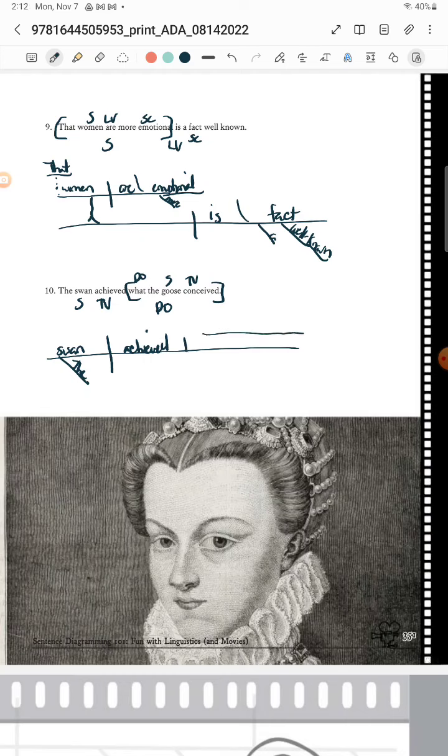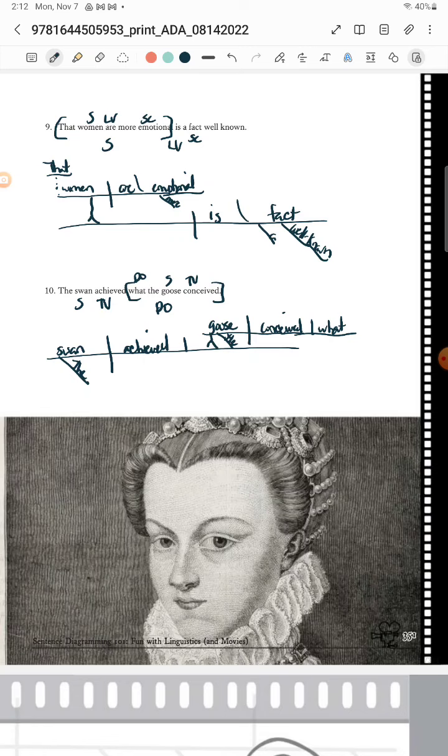It seems very, very end of the 1800s thinking. Early 1900s. The goose conceived what? All right, did I get them all? Yeah, all right, that looks like that's it.